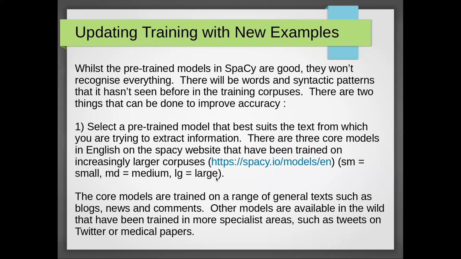But there are other models that have been trained on specialist areas, such as models that have been trained on Twitter. So if you're just looking at Twitter stuff, you may want to use a model that's been trained on Twitter, so it'll be more used to the kind of language used on Twitter. Or you might look at a model that has been trained on medical papers if you're dealing with a lot of medical terminology, for example.